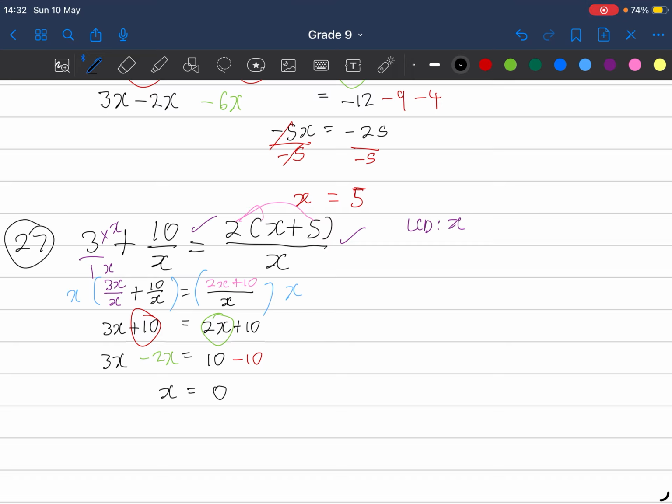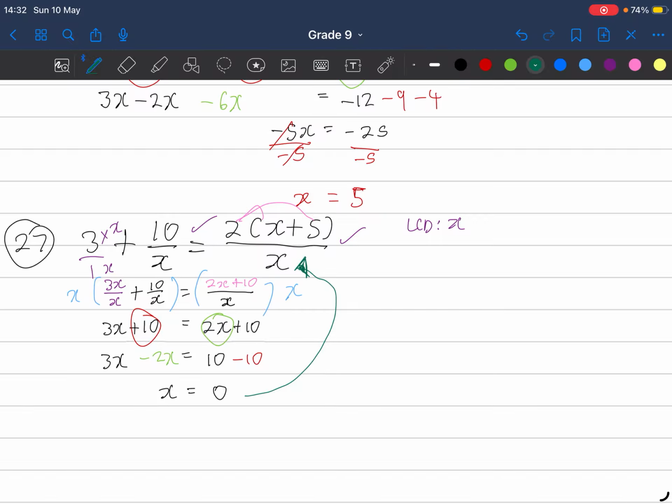There's just one consideration now. In the original question, x was a denominator. That would now mean that this value for x, which is 0, should go as a denominator.